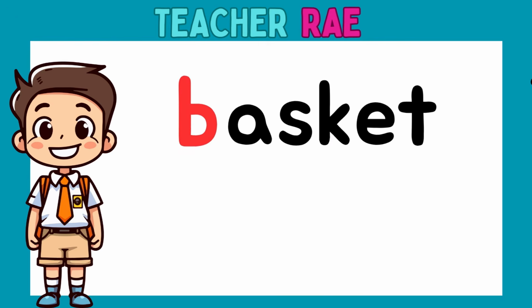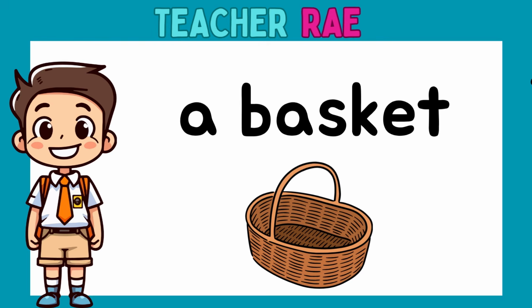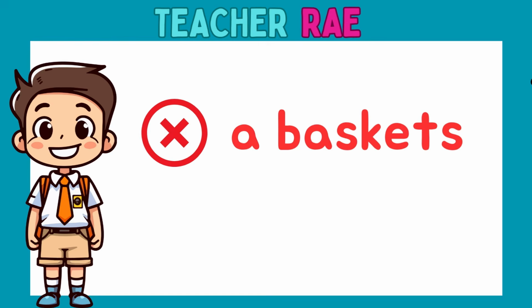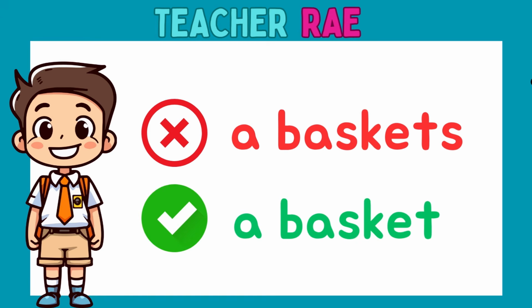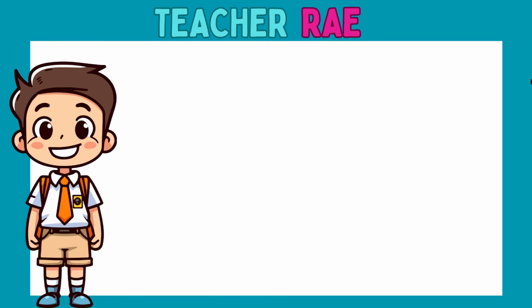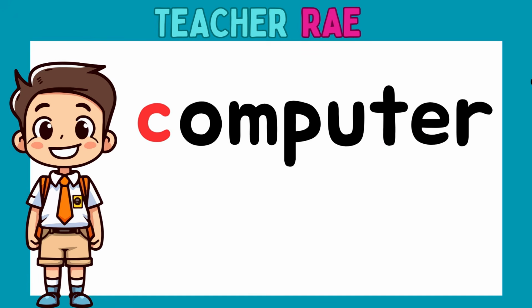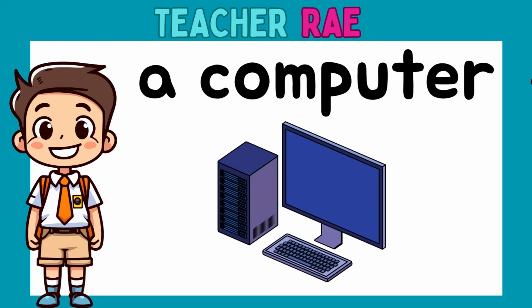The word basket begins with a consonant B, so we say a basket. We don't say a baskets, we say a basket. The word computer begins with a consonant C, so we say a computer.